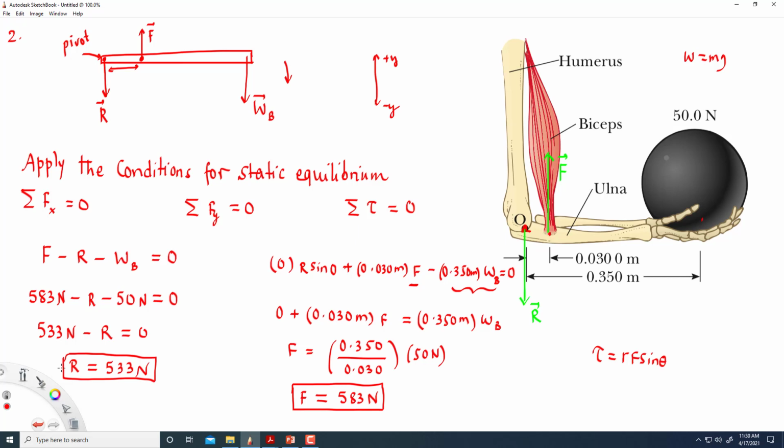Now let's look at number 3. In order to do number 3, we first need to discuss a little bit about the stability of an object.